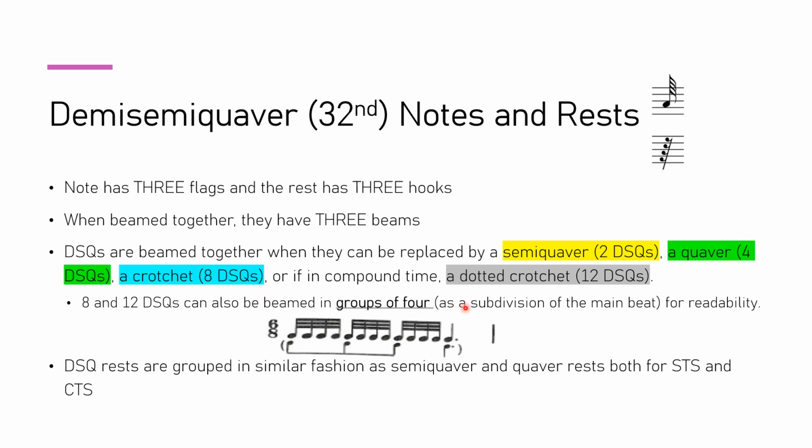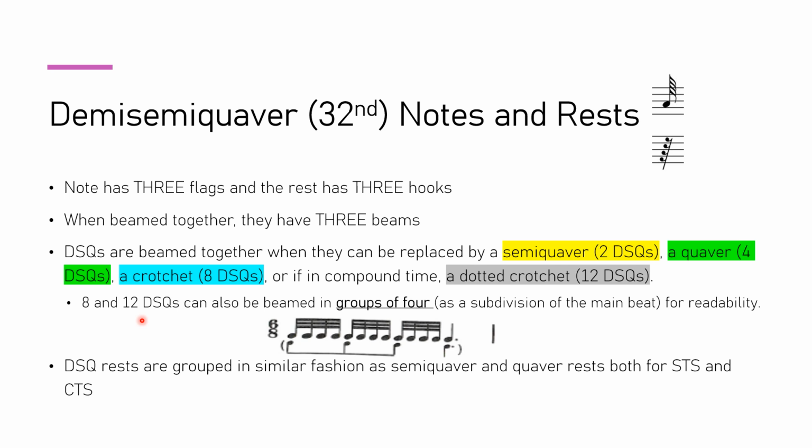However, in compound time, if you have 12 demisemiquavers, DSQs, you can actually beam them together because they form a dotted crotchet. That's 12 demisemiquavers. But if you can imagine reading 12 demisemiquavers, it's very difficult to follow.